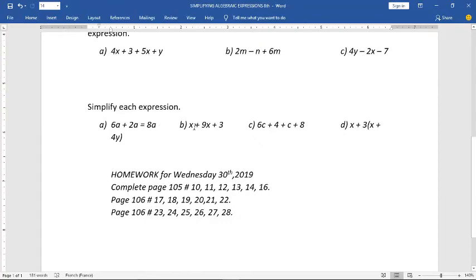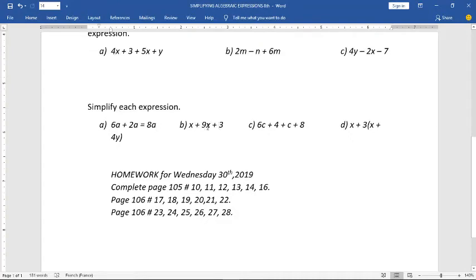Letter B, we have x plus 9x plus 3. Can we add those three terms together? No, we cannot, because they are not like terms. x and 9x only are like terms because they contain the same variable, but 3 by itself, we cannot add them.